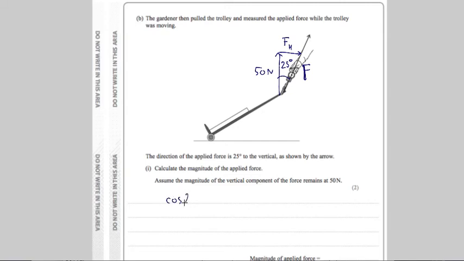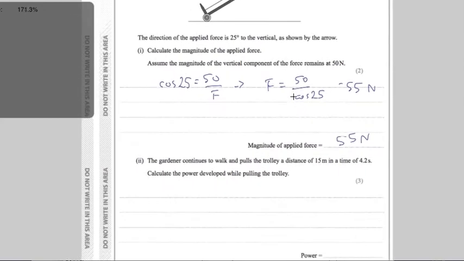Cosine 25 equals adjacent divided by hypotenuse, F, which means that F is going to be 50 divided by cosine 25, which is 55 newtons. Okay, that's all there is to that one. It's just, if you draw the vector triangle, it becomes a lot easier to figure out.